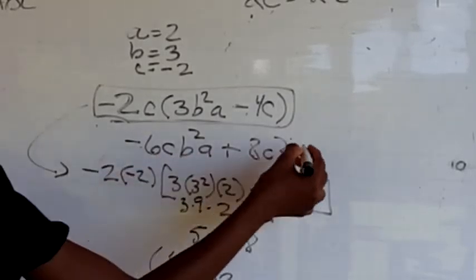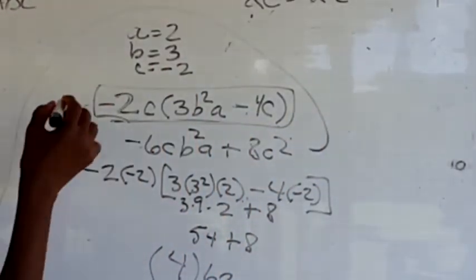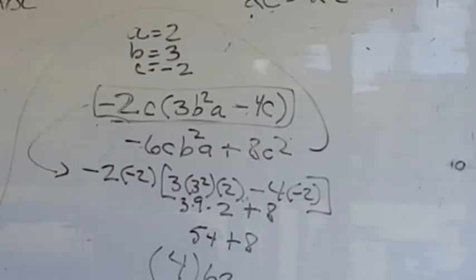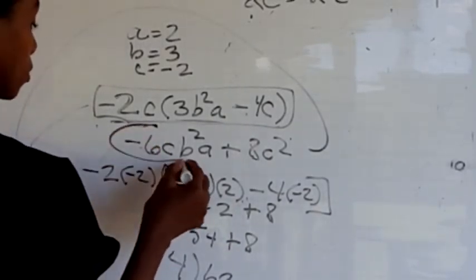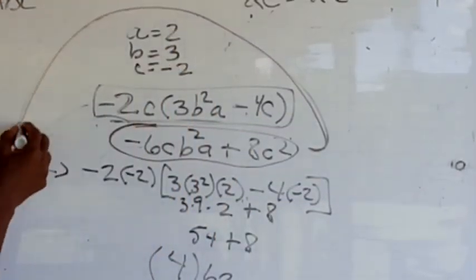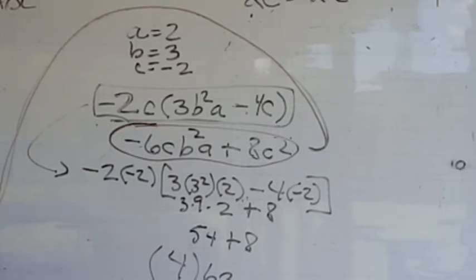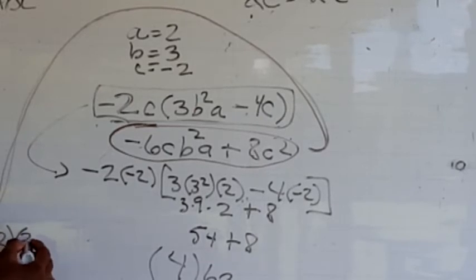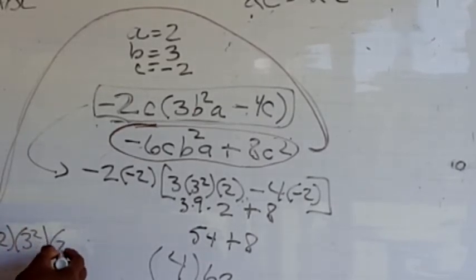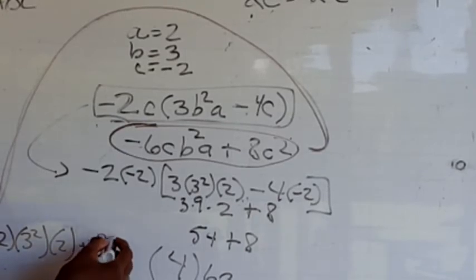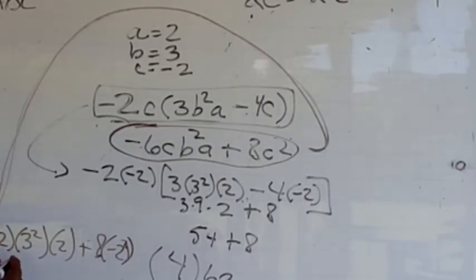Alright, so now we plug it into this one. It's going to be negative 6 times negative 2 times 3 squared times 2 plus 8 times negative 2 squared. This is gonna be 9.